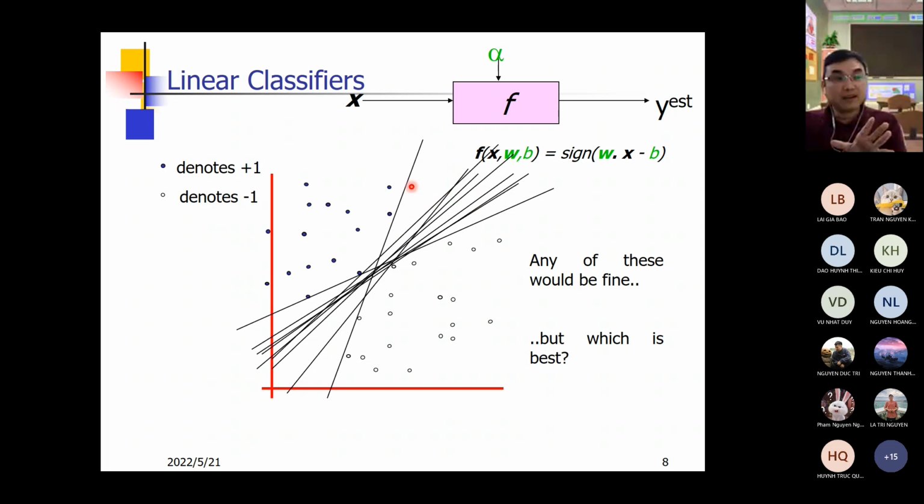So the question here is which hyperplane, which decision boundary, will be optimal, and how we can deal with this kind of problem.